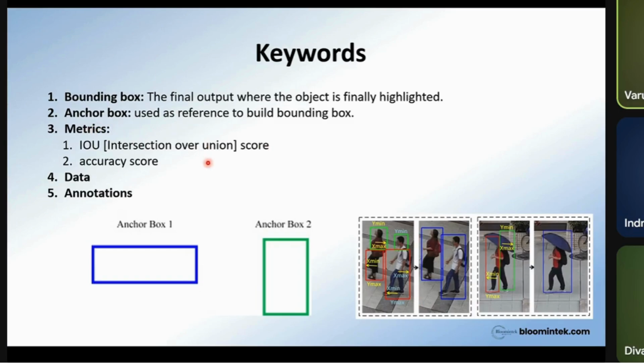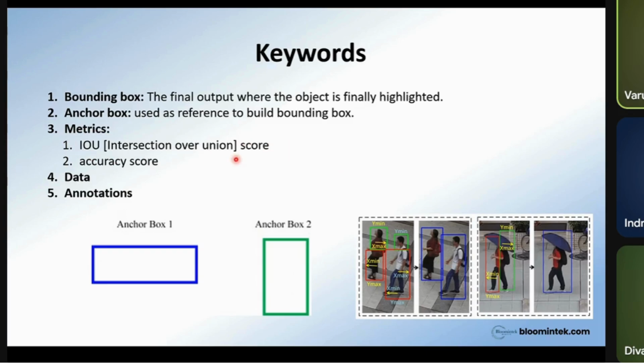Now coming to the metrics. Metrics are nothing but the formulas that we use to understand the performance of our model. So IOU, that is the intersection over union score, is the simple overlapping score between the ground truth and the output of our model. That is, how greatly these boxes overlap with the output boxes.